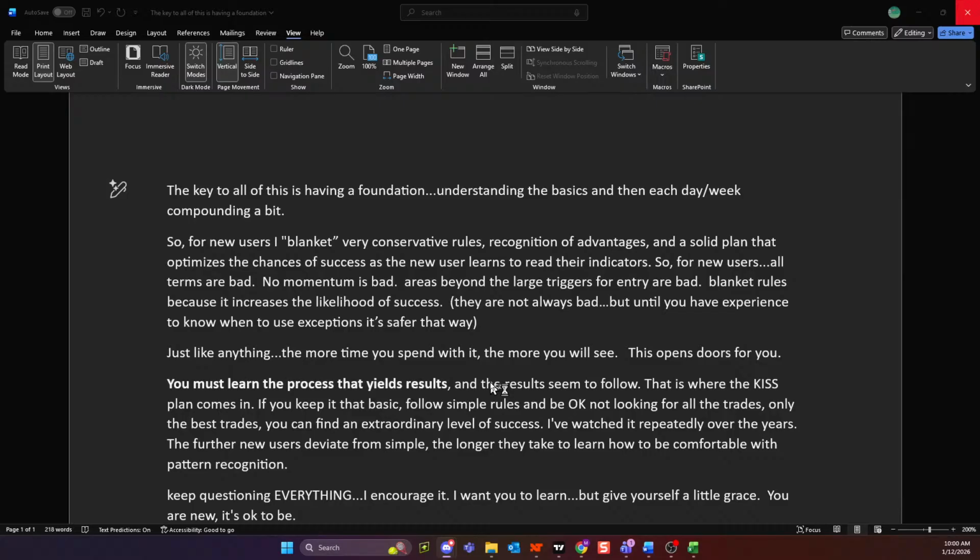So for all you new users, terminations, no momentum, areas beyond triggers, jumping in before the close on the correct side, all of that stuff is horrible because the average new user is more likely to lose than win. These are blanket rules because those rules increase the likelihood of success. Confidence comes from the memory of success. They're not always bad, but until you have the ability and the knowledge and the reps to know when to use exceptions, guys, it's just safer that way for you.